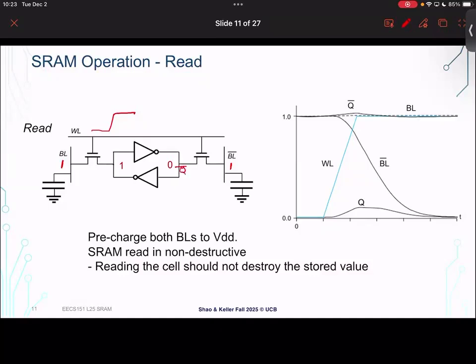This is Q bar. This is Q. So once again, we have a fight where the bit line is now being pulled down by the NMOS in this lower inverter.